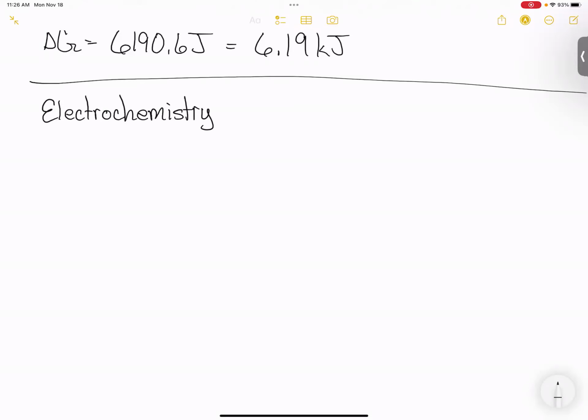Okay, so you learned in College Chemistry 1 that several types of reactions involve a transfer of electrons. Some of those include single displacement reactions, combustion reactions, and some synthesis and decomposition reactions.